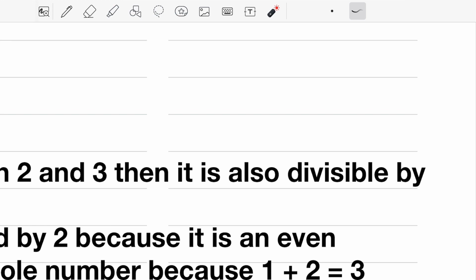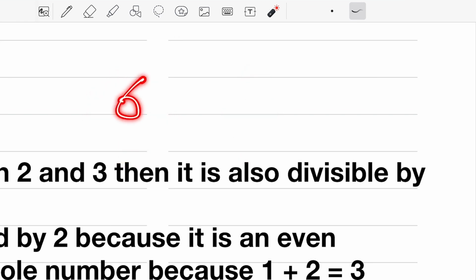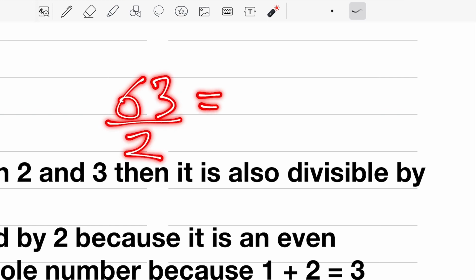So if we had a number such as 63, and we want to know if this is divisible by 3, remember we can add the 2 digits, right, which we get 9, and 9 is divisible by 3. But remember, if a number is an odd number, it is not divisible by 2.